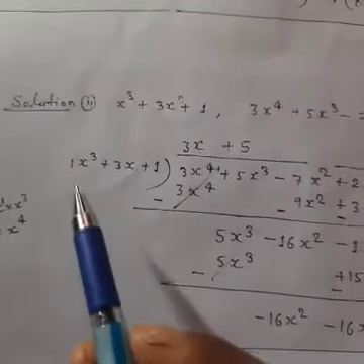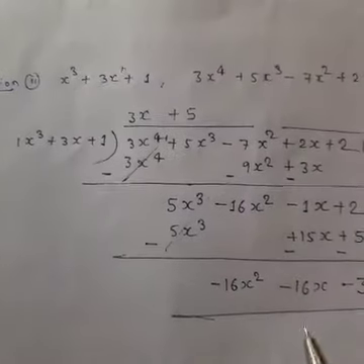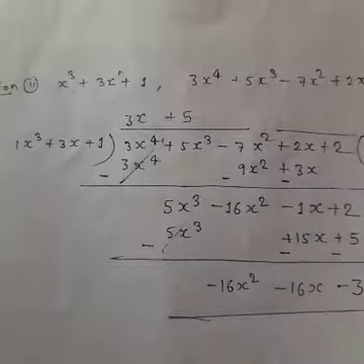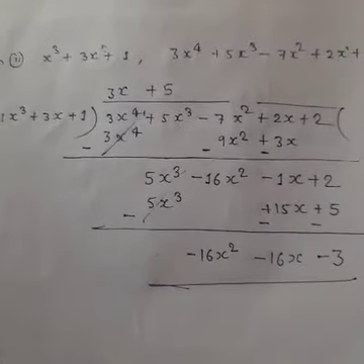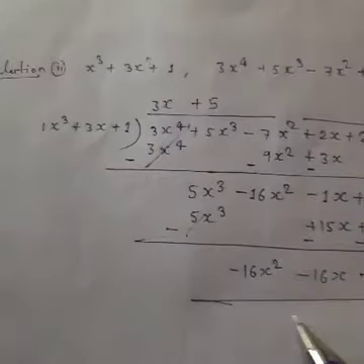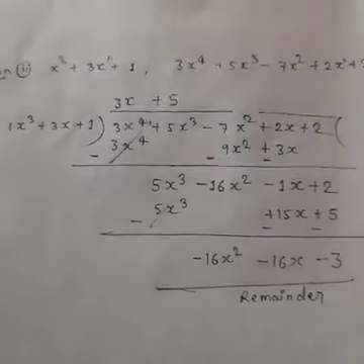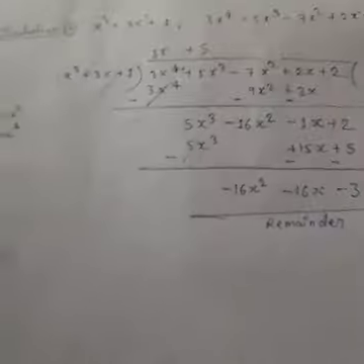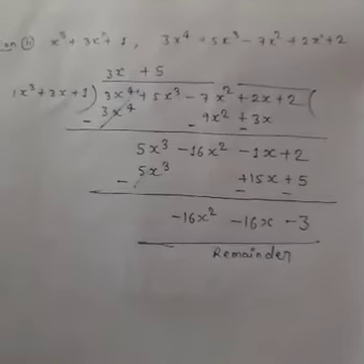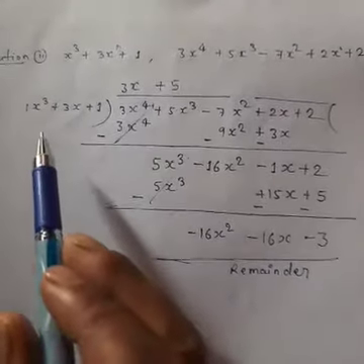Now students, you can see the degree of the divisor is 3 and the degree of the remainder is 2. It means we further cannot divide this. It means this is the remainder. It is not further divisible by the divisor because the degree of the remainder is 2 and the degree of the divisor is 3.